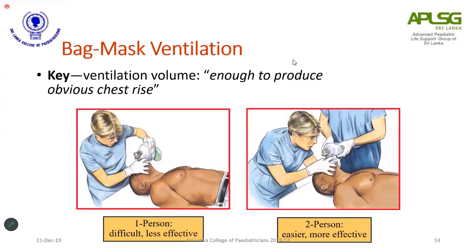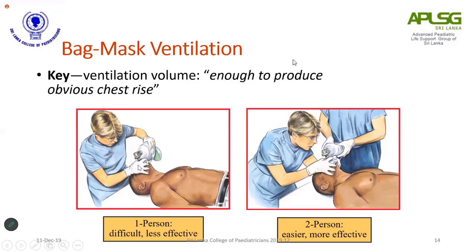Bag and mask ventilation, the main aim is to give a volume of ventilation enough to produce an obvious chest rise. It can be done by a single rescuer or ideally by more than one rescuer. If you are the only rescuer available, you can give the bag and mask ventilation by yourself.